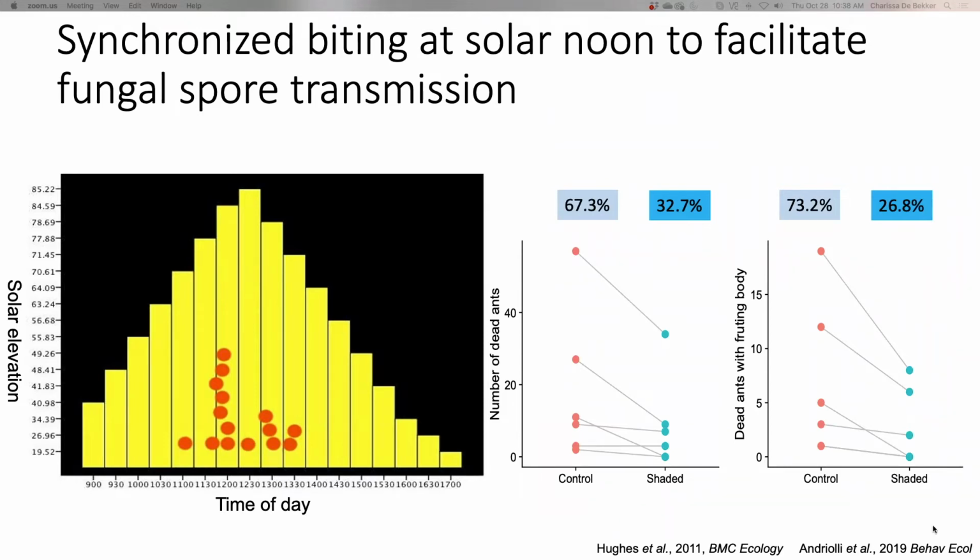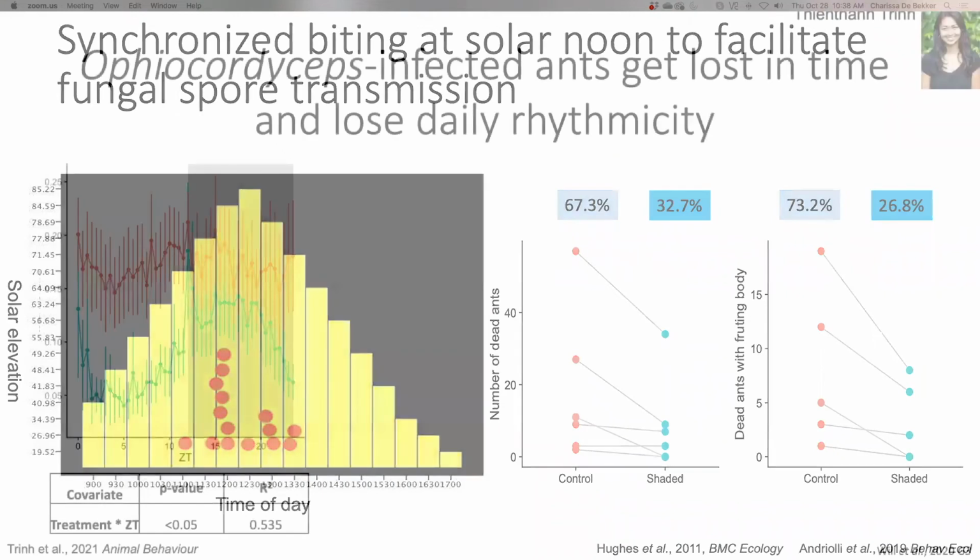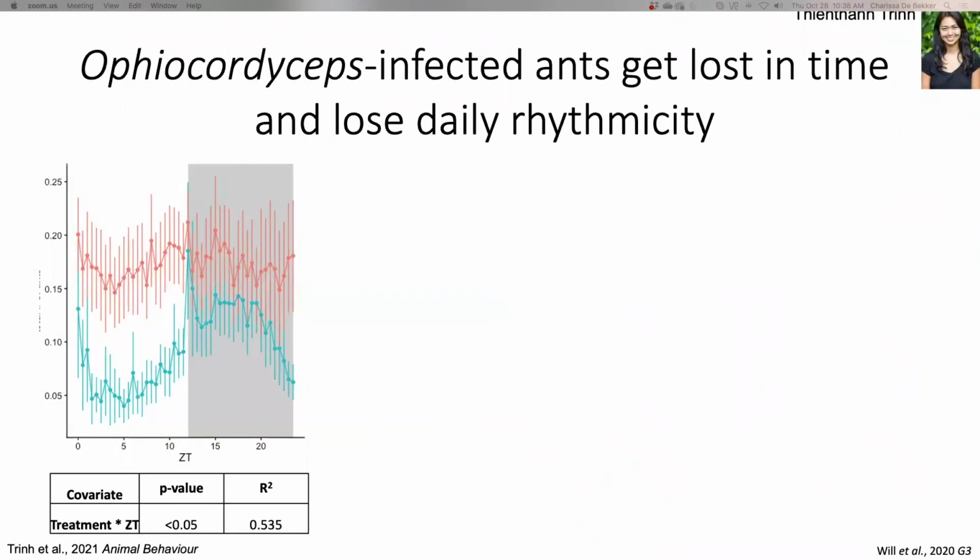Additionally, what we're finding in some of the lab work that we've been doing that was purely behavioral, looking at how infected ants actually behave at the beginning of the infection, and this was done by a master's student in my lab, Tenten Trin. What we found, indicated in red here, is that those infected individuals kind of lose their daily rhythm, while the healthy controls have this very nice nocturnal activity that we expect for this species.